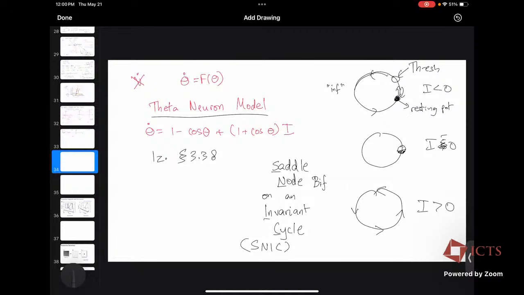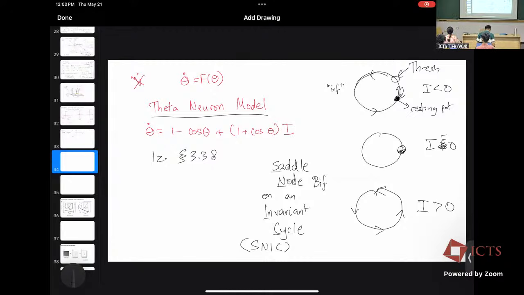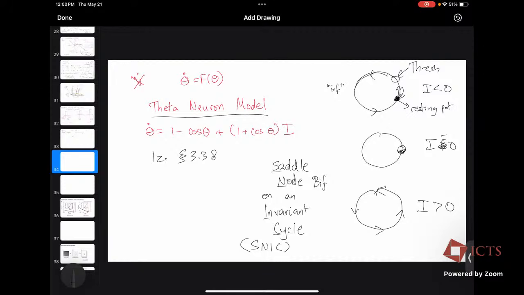Okay, are there any other questions? No. Okay, so then let's move forward with some more examples of one-dimensional flows or one-dimensional bifurcations, and see what kind of neural systems they might model, right?